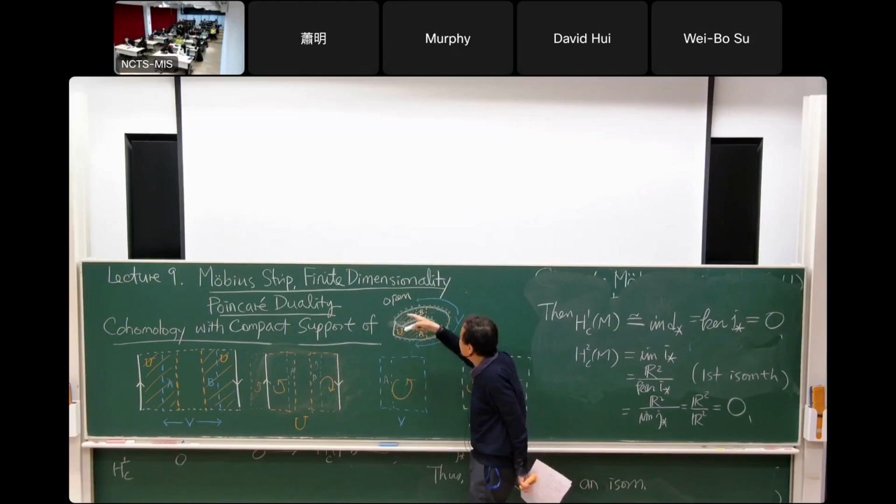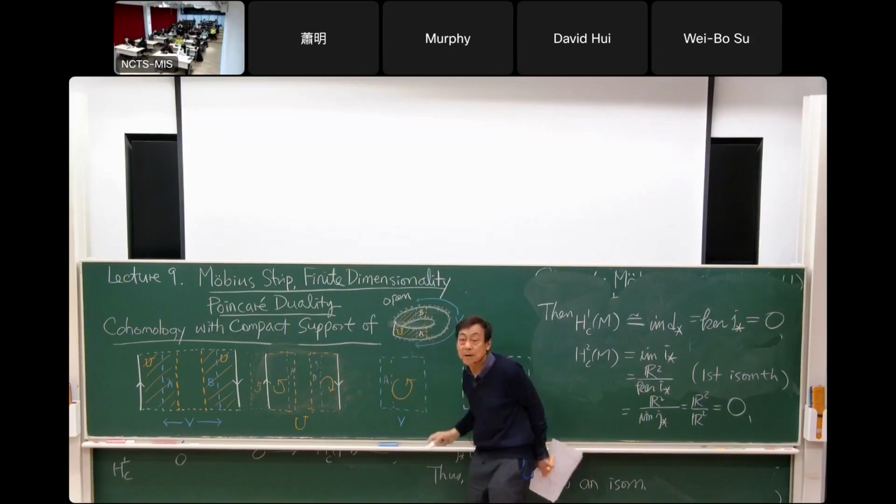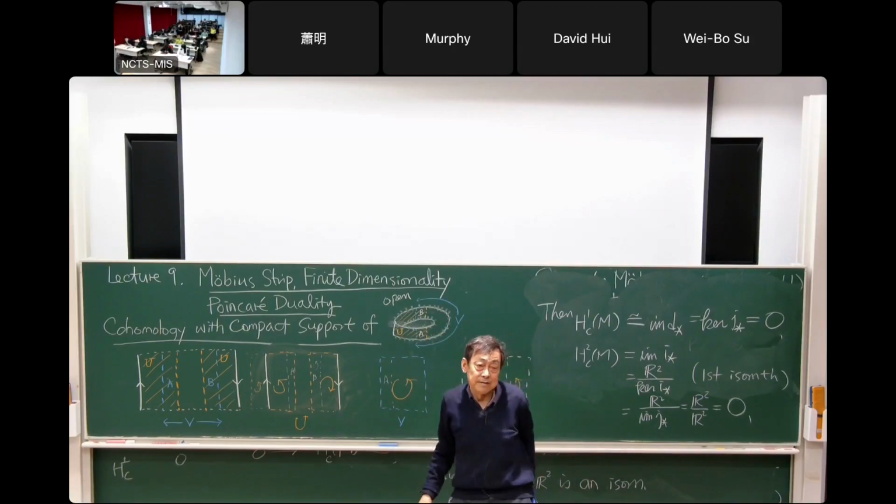So it's not a compact set because it doesn't include the boundary. If I had included the boundary, then it would be a compact set. And then you're right. Then the cohomology with compact support would be the same as the usual cohomology.